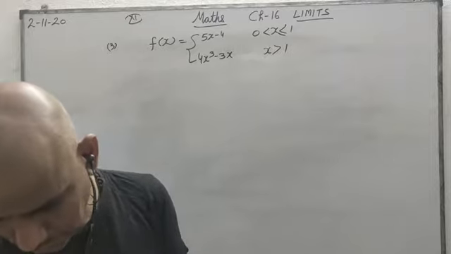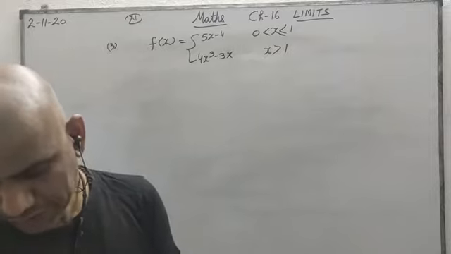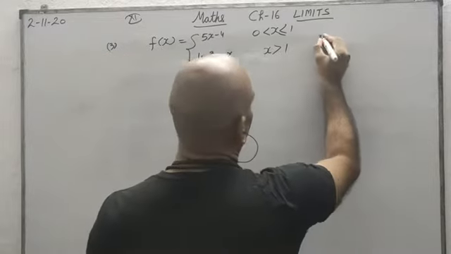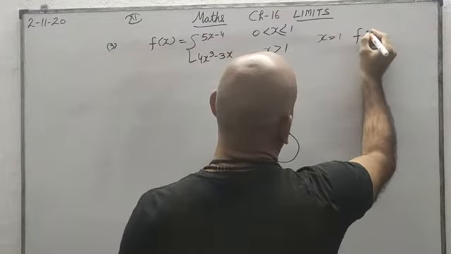So you will have to show that limit f(x) exists at x is equal to 1. At x is equal to 1, f(x) exists.